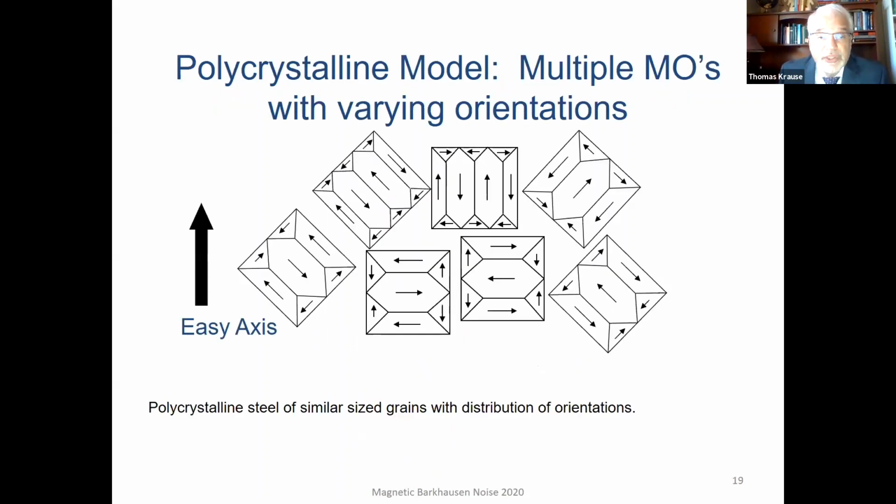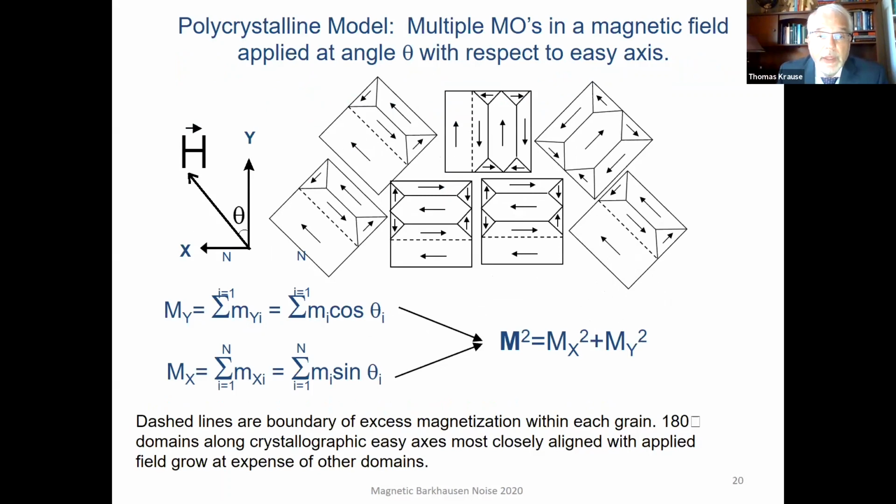We also need to, of course, consider the magnetic object along with a number of other magnetic objects. And again, as I pointed out, it's the majority of crystallographic easy axis directions in which the 180-degree domain walls lie that determine the direction of the magnetic easy axis in this steel material. When I apply a field, I end up with a net magnetic moment, and that's not necessarily all along the applied field direction.